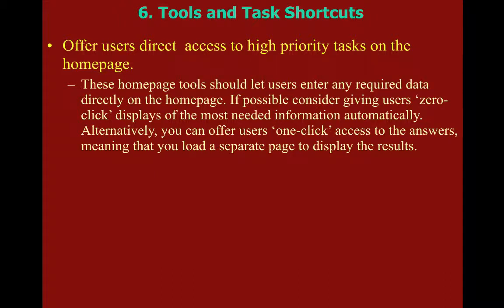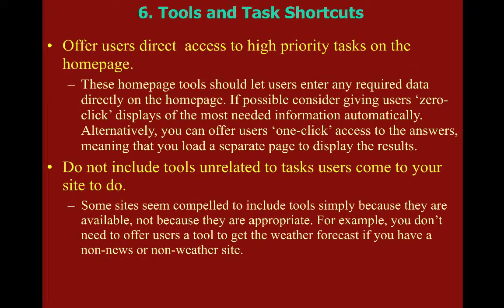Right? Another very popular example is Amazon's one-click shopping feature, right, for instance. These are shortcuts. And you don't want to include tools unrelated to the tasks that users come to your site to do, right? For example, if it is a car sales website, you probably don't want to have weather forecasting in there. It will be confusing.